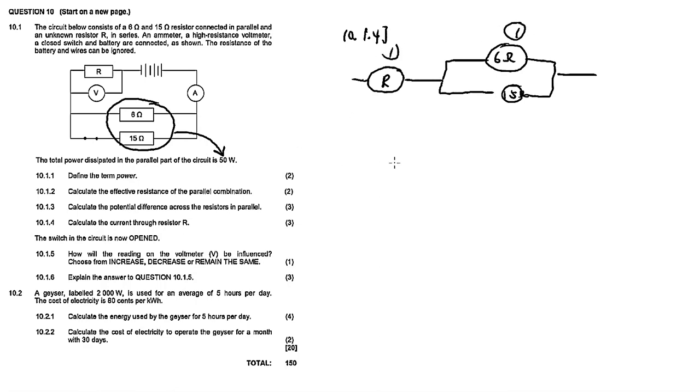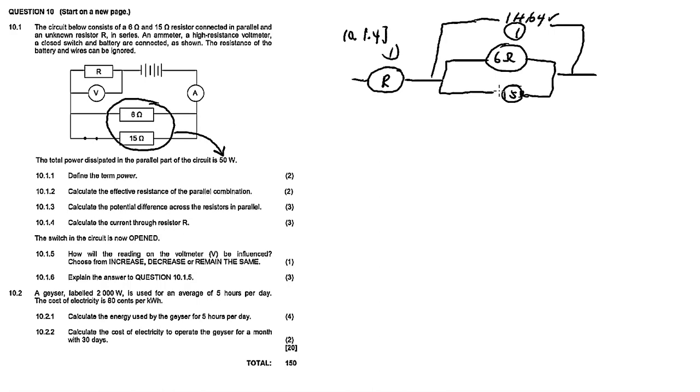So look now, for this parallel combination, I have a voltage we already calculated. It's what? 14,64 volts, right? 14,64 volts.